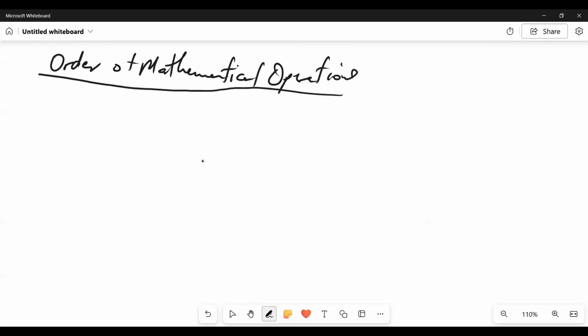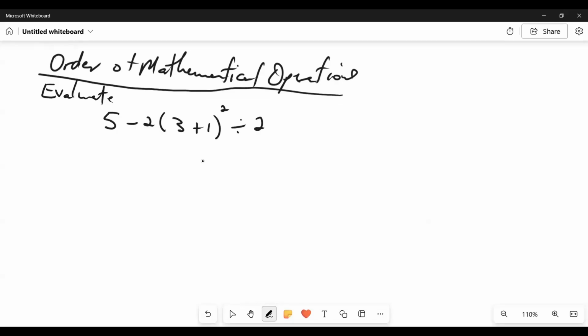Maybe you have 5 minus 2 bracket 3 plus 1 squared, divided by 2. You have a complex thing like this, and you're told to evaluate it.